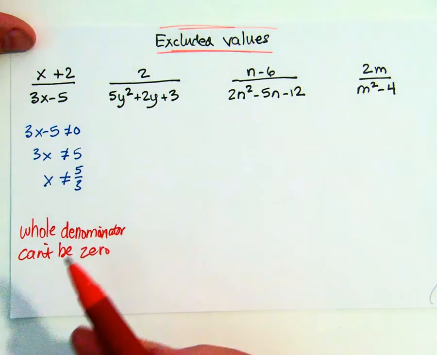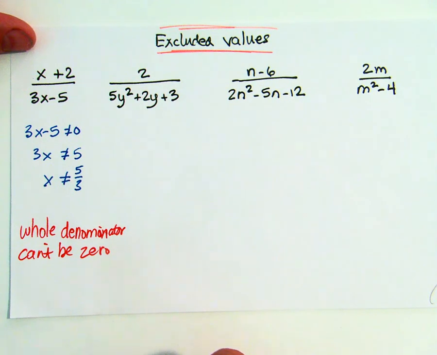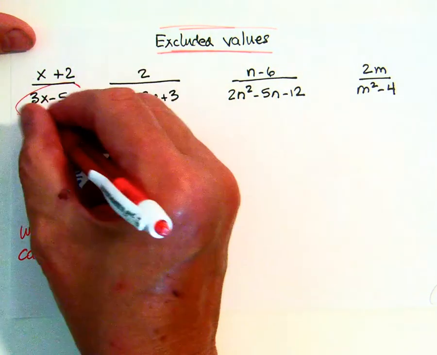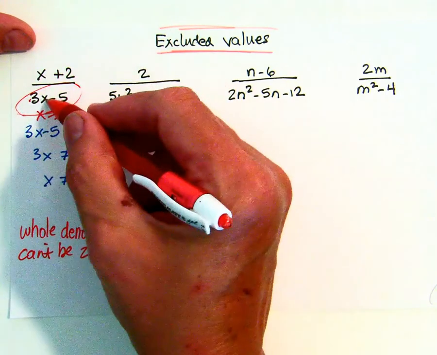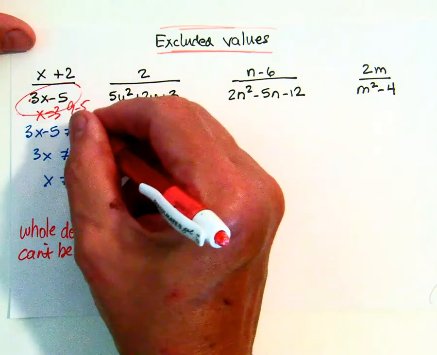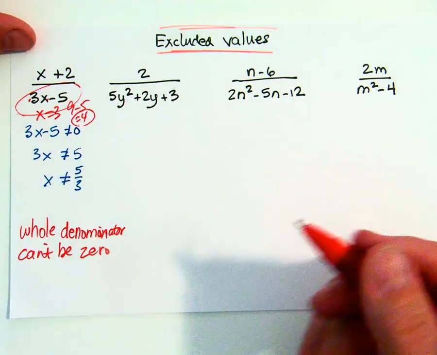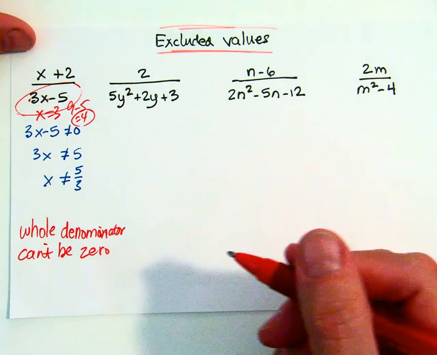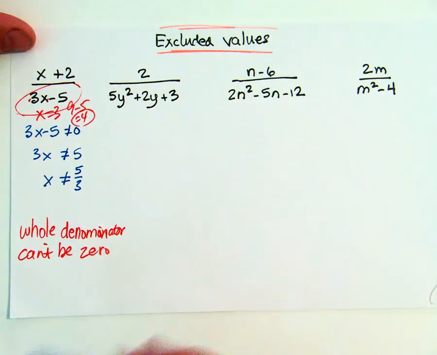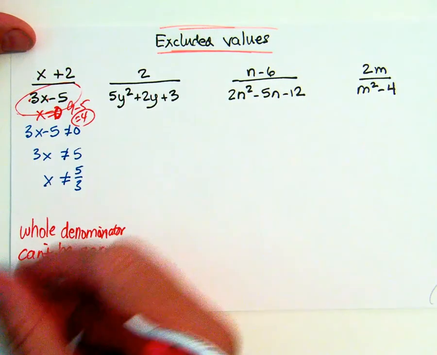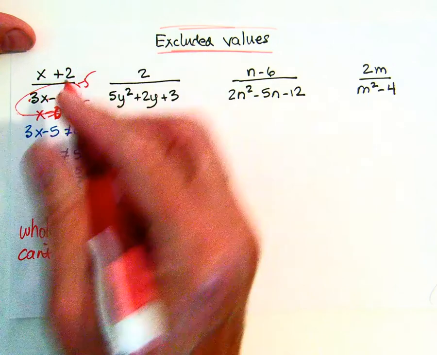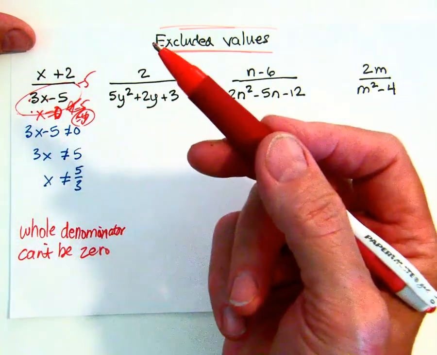The individual variable is just fine. For example, here, if x were equal to 0, if the variable were 0, this would be 3 times 0 is 0, minus 5 is negative 5. And that's okay. The no-no of math is that the whole denominator can't be 0. Here, if x equals 0, then it's negative 5. So it doesn't matter that the variable is 0.